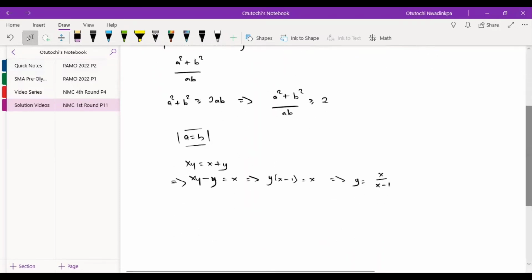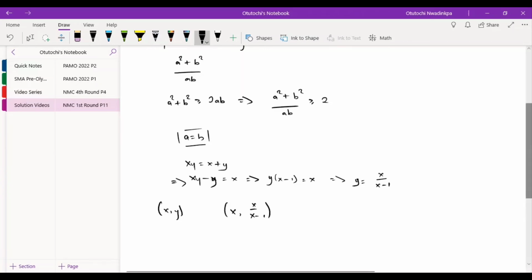So from this, we now know that whichever x and y are in this form, with y equal to x over x minus 1, will attain the minimum possible value, which is 2. This is what we have for now.